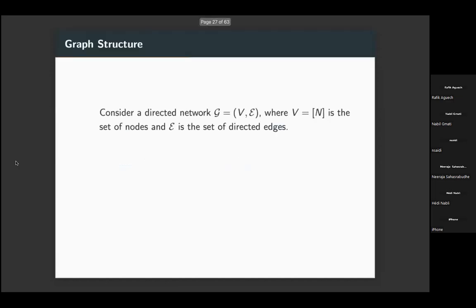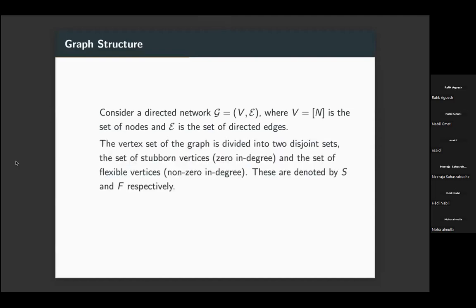We fix a directed network, or a directed graph, with n nodes, and E denotes the set of directed edges. At every vertex, I'm going to place an urn, and now the urns are going to only interact with their neighbors.